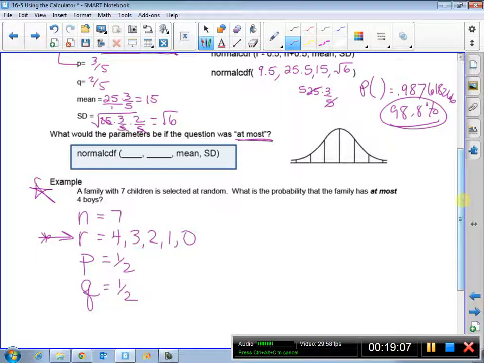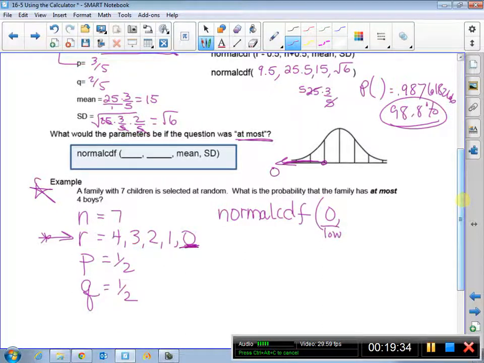So let's talk about our normal CDF this time. Because if we're doing at most, then we're looking at a value down to 0. 0 would be the low. So this normal CDF, we start with 0 as the low. And you see it there.